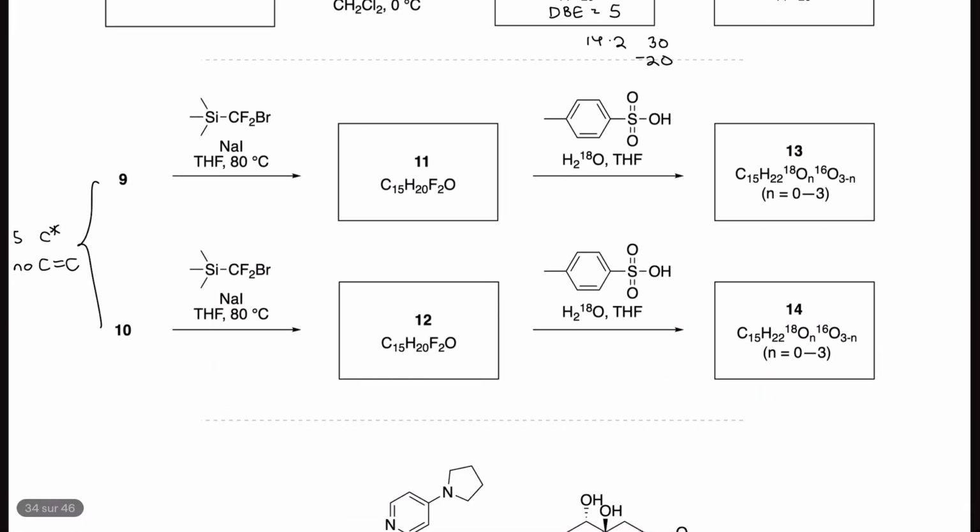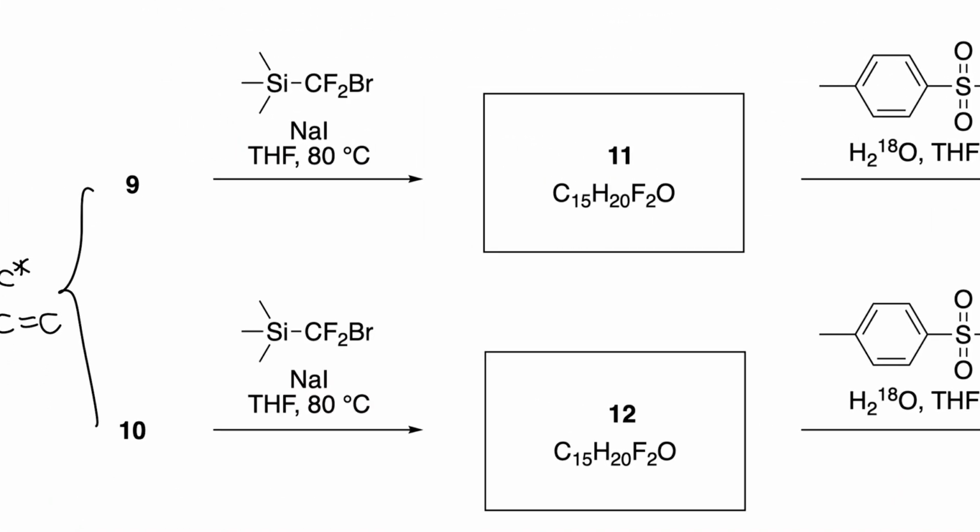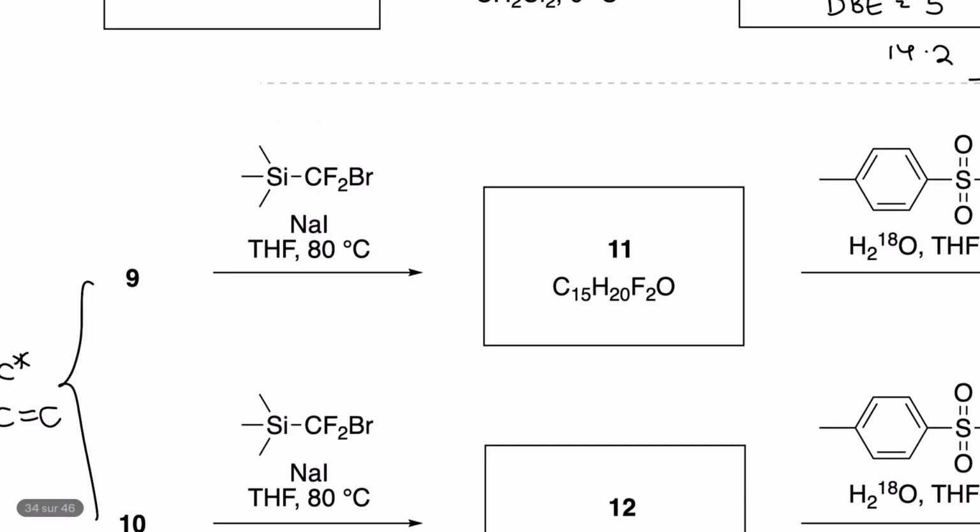Okay, let's continue. So 9 after treatment with this silane under sodium iodide. Oh my god, my naming skills have fallen off so much. Okay, so what's going to happen here is that 9 right here has an alkene, right?